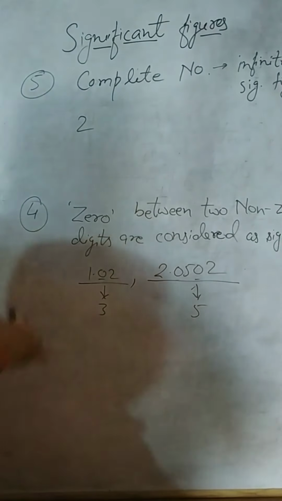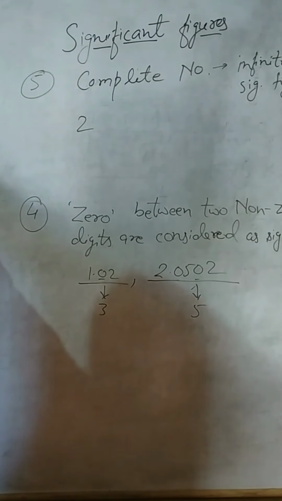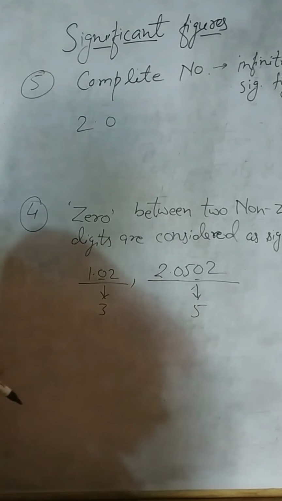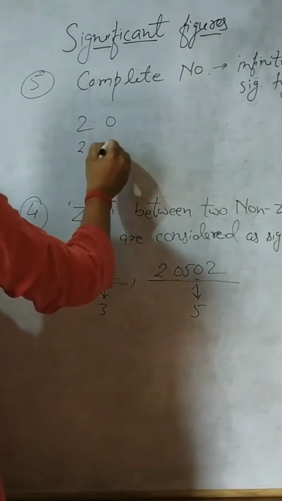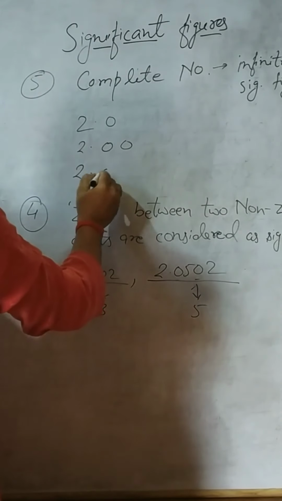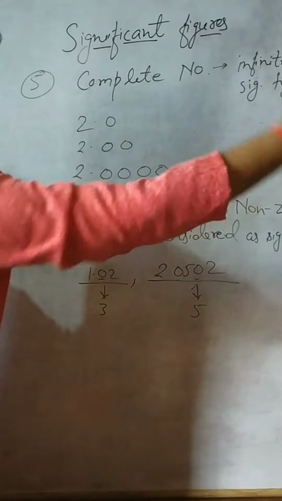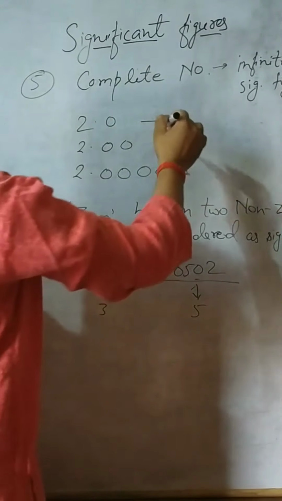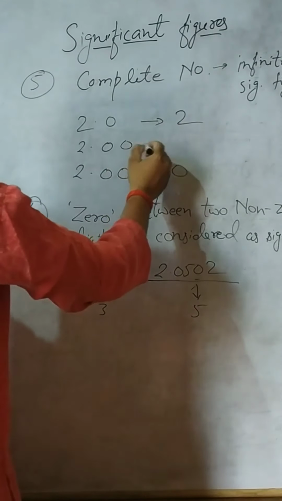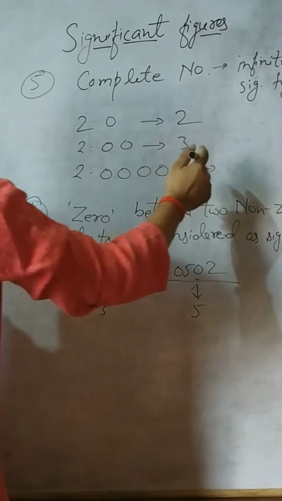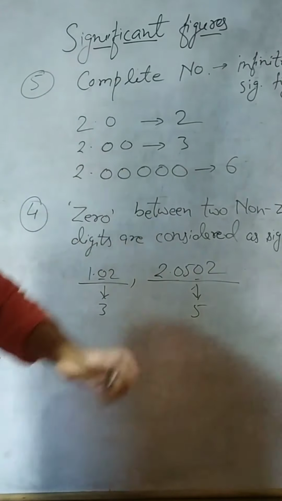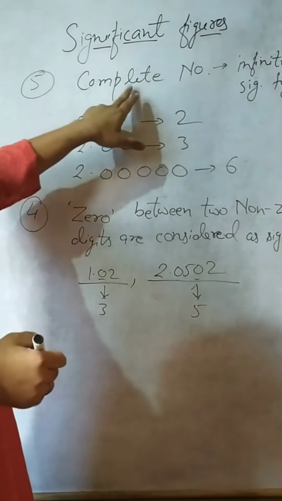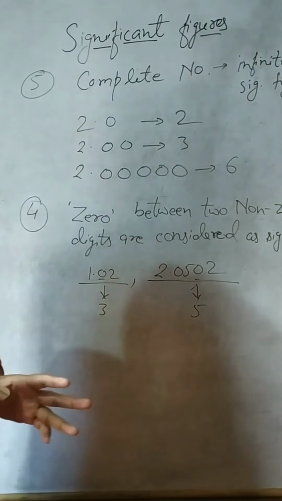If we take 2, a complete number, it has a value of 2 only, but by putting a decimal we can write 2.0, or 2.00, or 5 zeros, or 100 zeros. Every time a zero is added, the number of significant digits increases. Here it is 2, here it is 3, and in this case it is 6. So you see, the numbers are increasing continuously. It is not defined. That is why complete numbers have infinite significant figures.